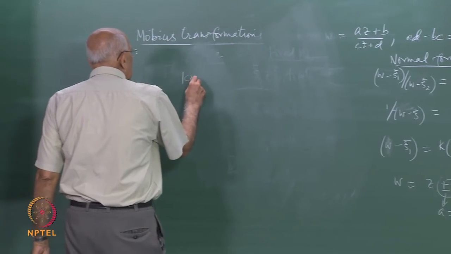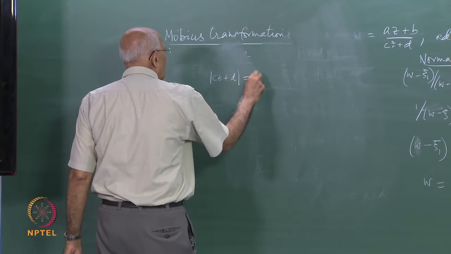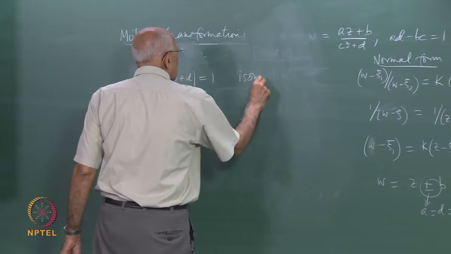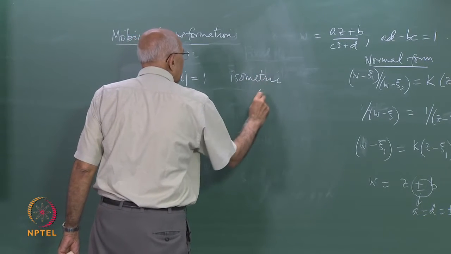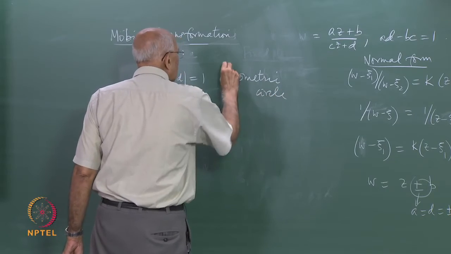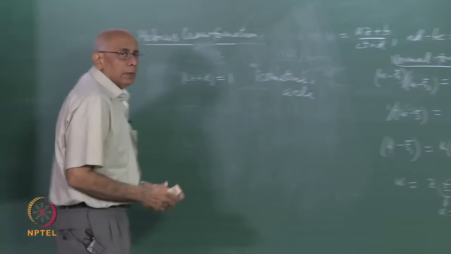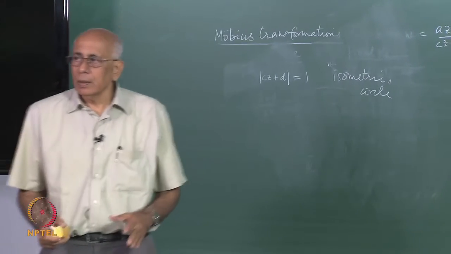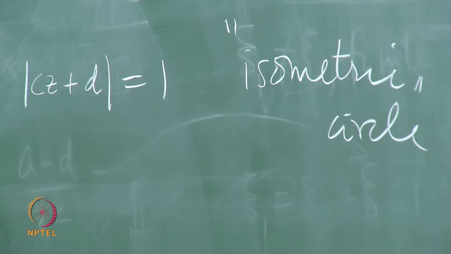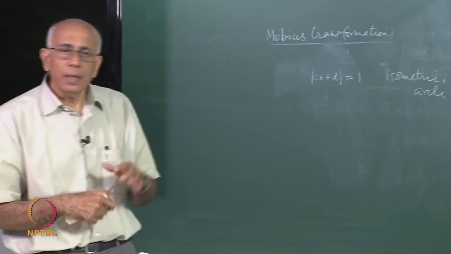Mod Cz plus D equal to 1 was the isometric circle. The reason we called it the isometric circle was because lengths on this circle do not get changed, they do not get stretched or contracted under the mapping.